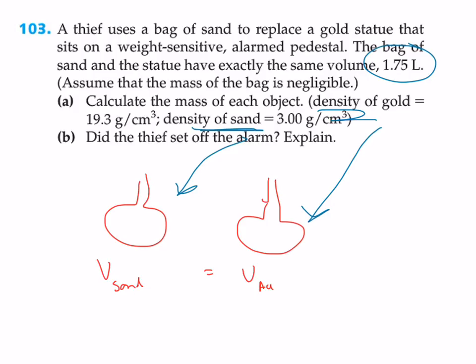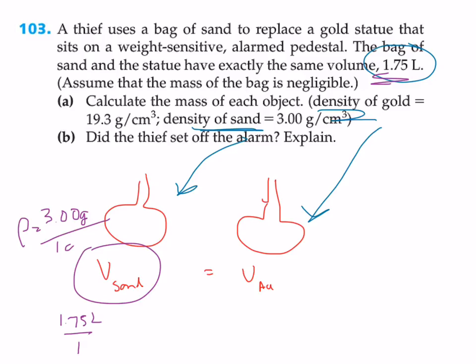For instance, if we look at the sand one, if we're trying to go from volume to mass, we're going to start with the 1.75 liters over 1. The density of sand is, yep, that 3.00 grams per 1 centimeter cubed. So do you buy this though? Let's think about this together. Centimeters cubed, that's the volume in my density.